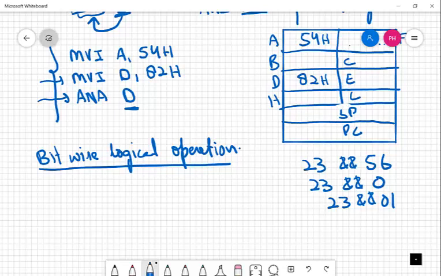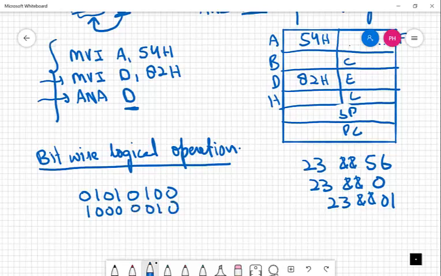For example, when in this case accumulator gets 54, 54 means 0101 and 0100. Then register D gets 82, 82 means 1000 and 0010.